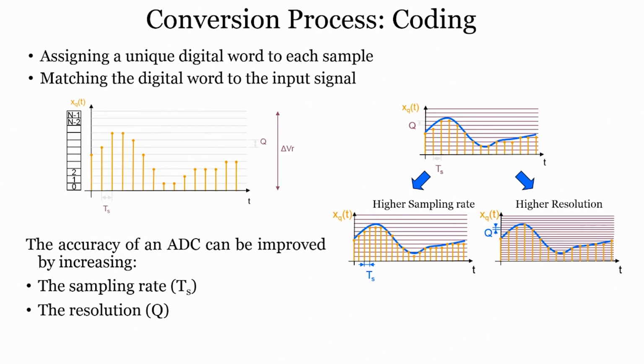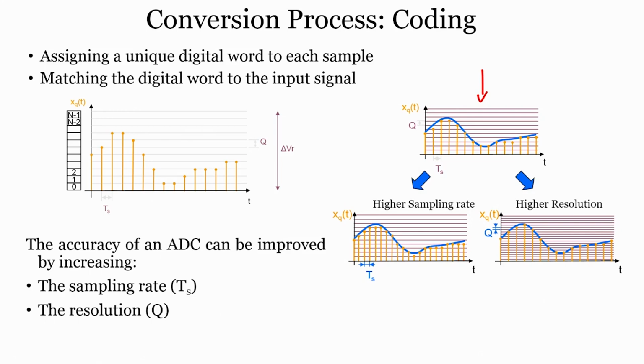Then comes another term, which is called coding: assigning a unique digital word to each sample and matching the digital word to the input signal. If I have a higher sampling rate and a higher resolution, what is the difference? You have better sampling and better resolution.